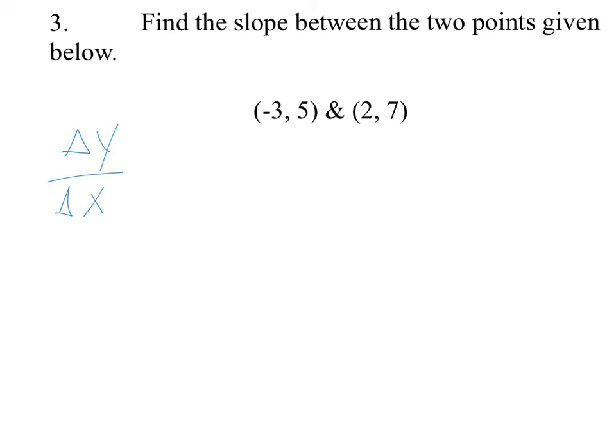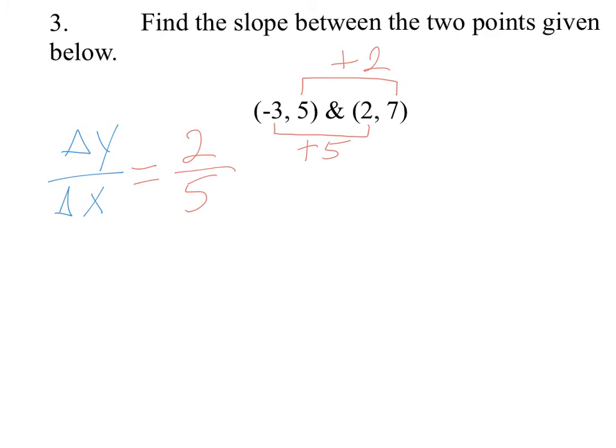And the easiest way for us to do this is to say, okay, going from 5 to 7, that's going up plus 2. So I could say the change in y is going to be 2. And going from negative 3 to positive 2, I've got to go up 5 to get there. 5 would be the change in x. My slope could be written as 2/5.